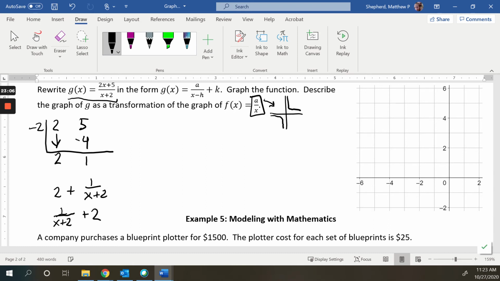Now, what we already learned from before, this creates some new asymptotes. So our new asymptotes are going to be at x equals negative 2.